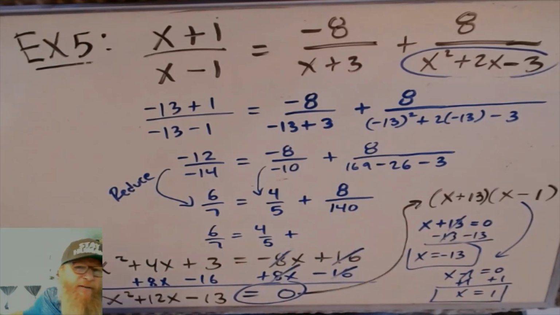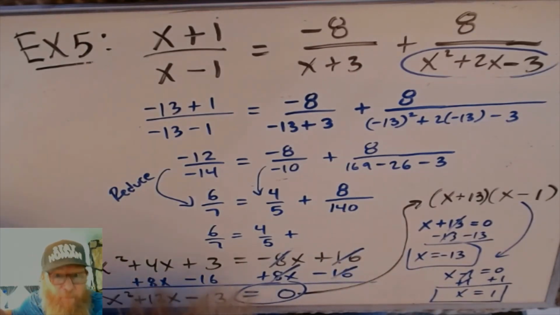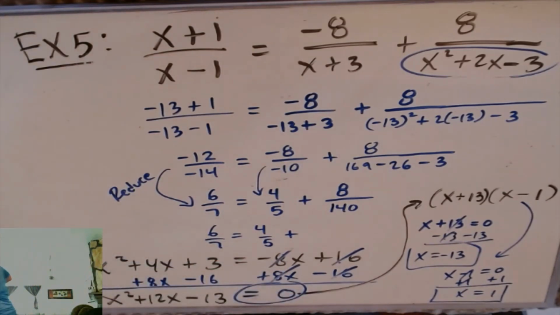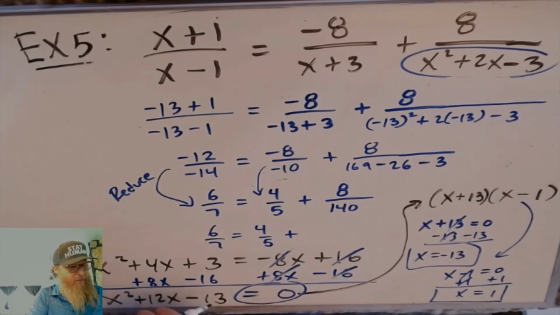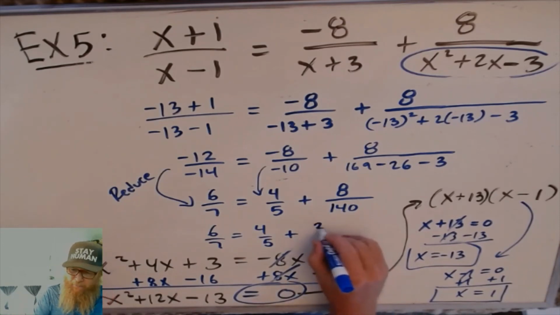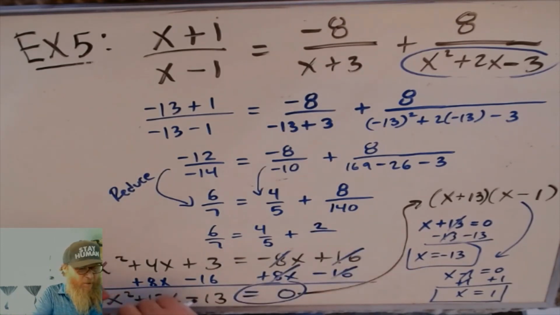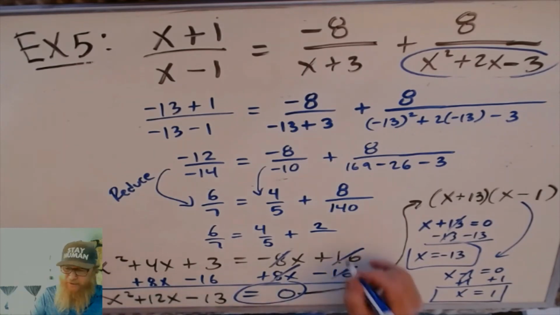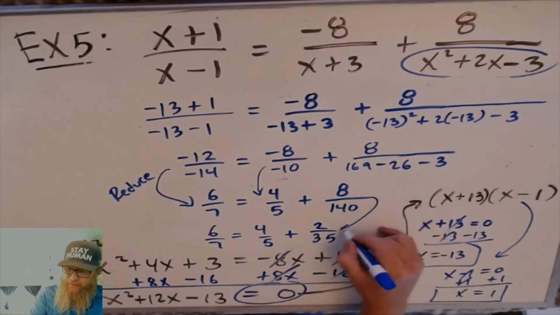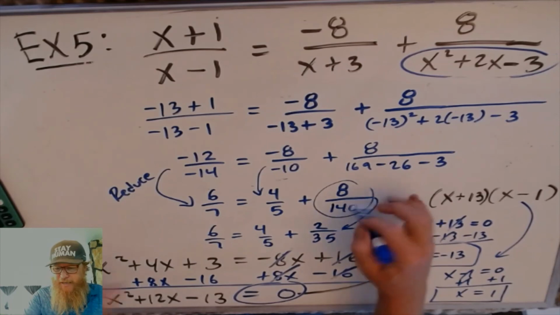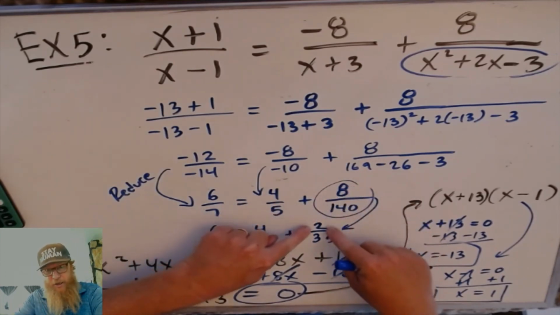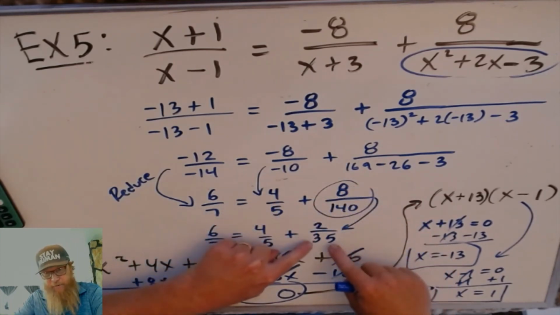I know I said calculators are a last resort. Well, we're in that situation right now. I just want to check if 8 goes into 140. It's not one that I memorized when I was a little kid. No, it does not. But they are both divisible by 4. 140 divided by 4 is 35. So you can reduce 8 divided by 4 is 2, and 140 divided by 4 is 35.